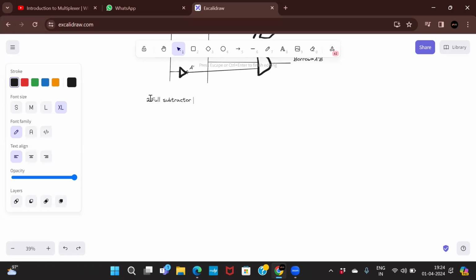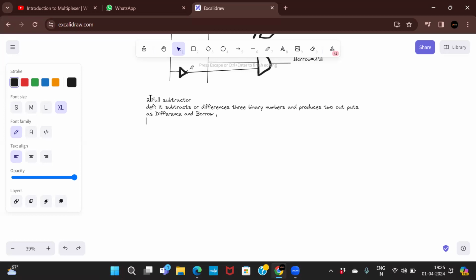Full subtractor definition. It subtracts three binary numbers and produces two outputs, difference and borrow.